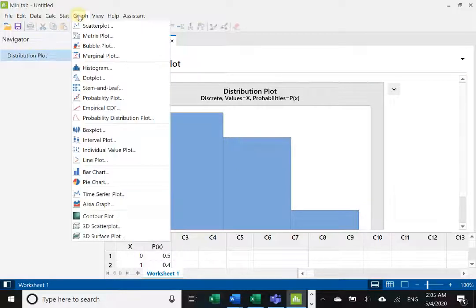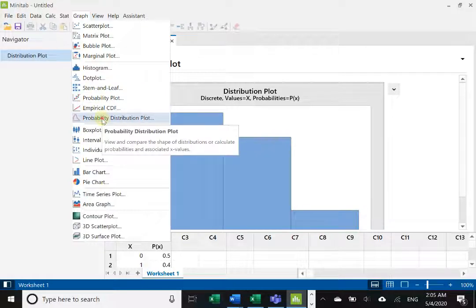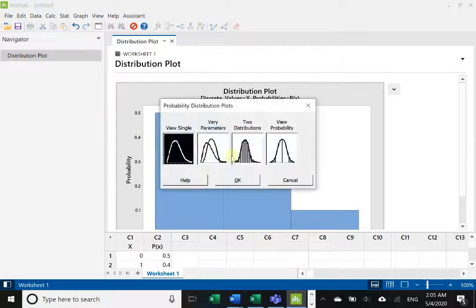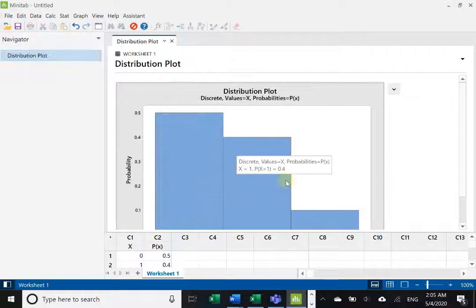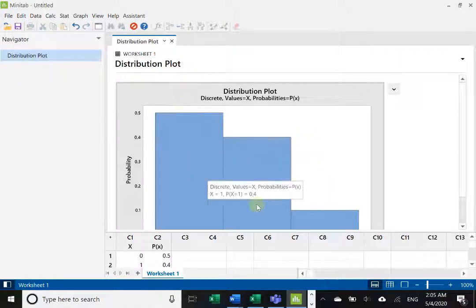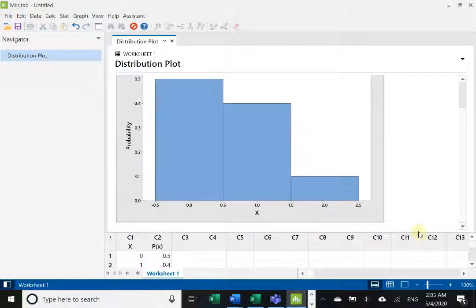If I go under graph, let me go probability distribution plot, and this isn't what I want to do. Never mind, that's okay. So let's actually complete that table.